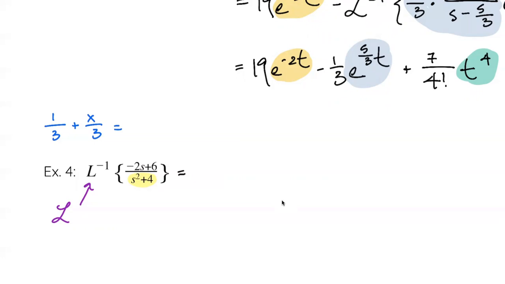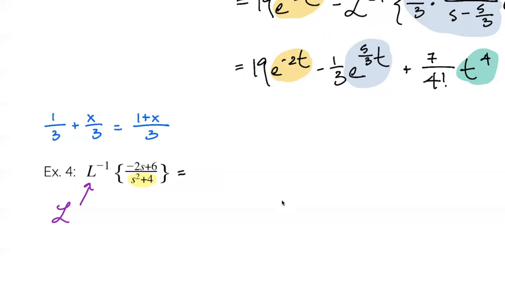Right? How else could we write 1/3 plus x over 3? Yeah, we could just add our numerators and keep the denominator and call it a day, right?